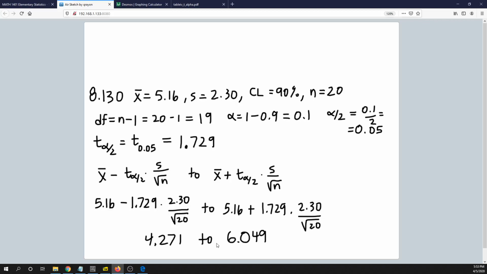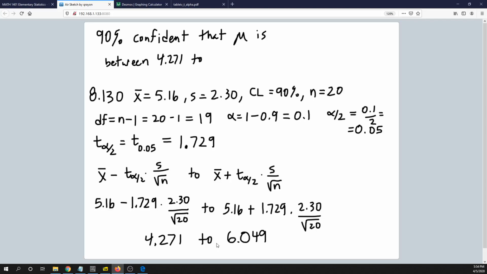And now they want the interpretation. The interpretation is that we are 90% confident that the population mean that we are considering is between 4.271 and 6.049.